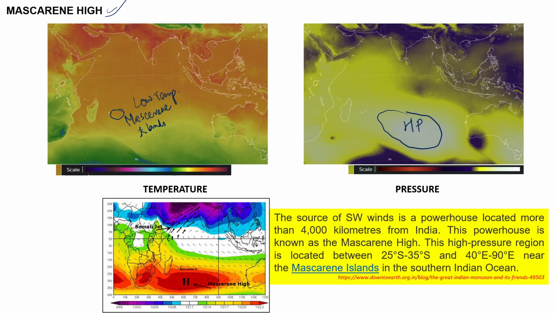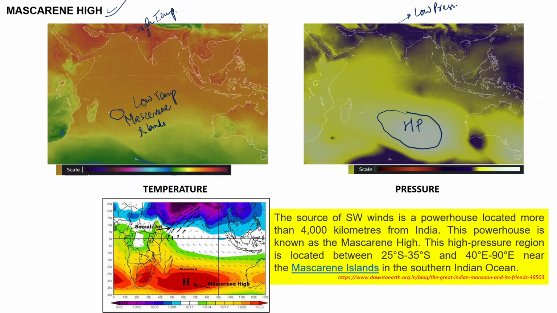And if you see this diagram carefully, the temperature of the Indian landmass near Rajasthan and Gujarat and central India is very high. High temperature means the pressure over here shall be low.